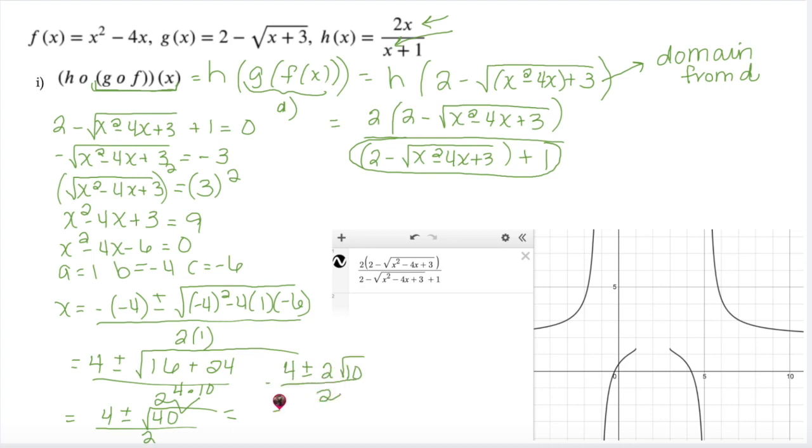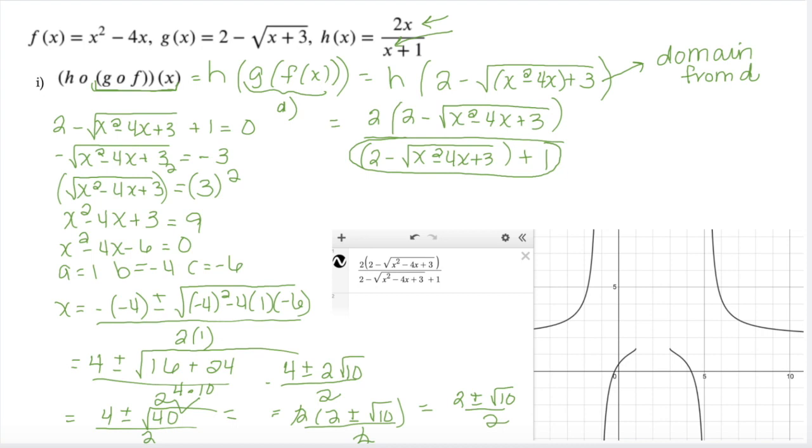Factoring out the common factor of 2, I'll have 2 plus or minus the square root of 10 over 2, which we can then simplify. So we have 2 plus or minus the square root of 10. Whew. These are our asymptotes because this is where our values in our denominator would be 0.